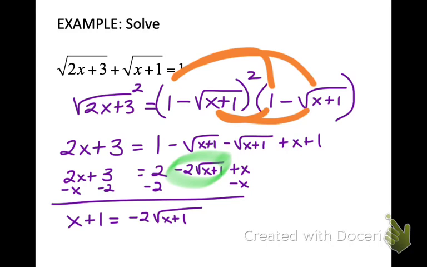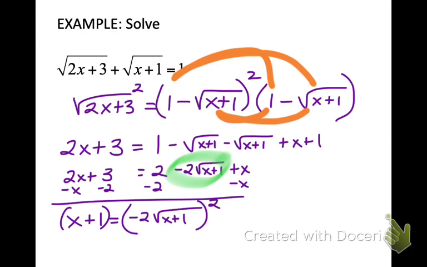Now I could divide x plus 1 by negative 2, but then I'm going to be dealing with fractions. Do we want to deal with fractions? No. So it would not be incorrect to do that, but if I square this whole side instead, you'd be dealing with fractions and squaring fractions when you square the left side.